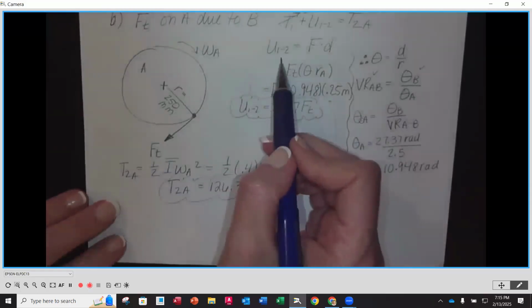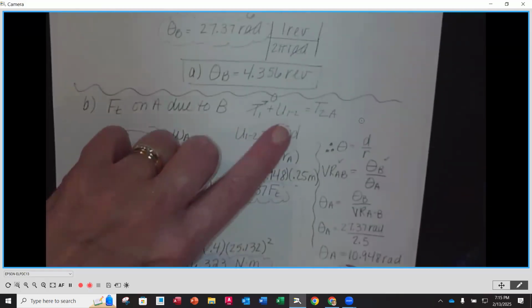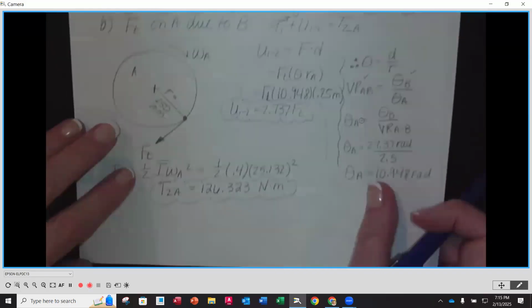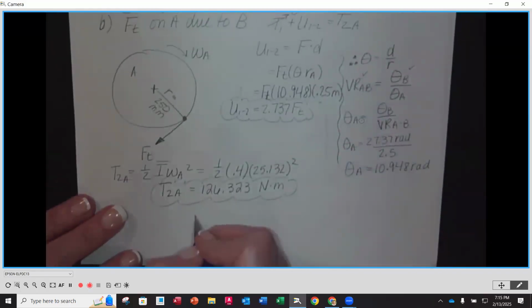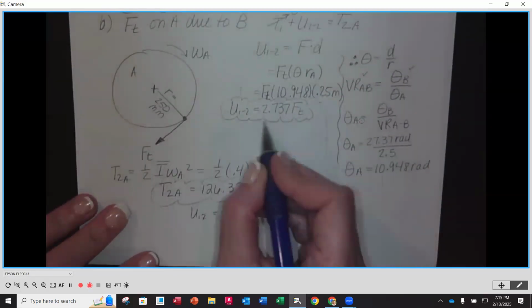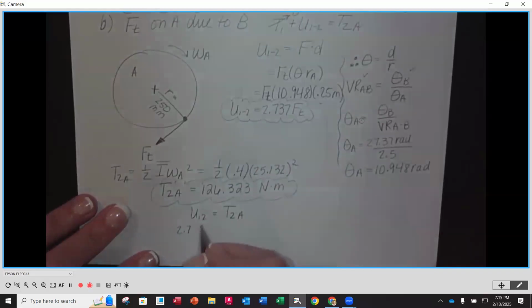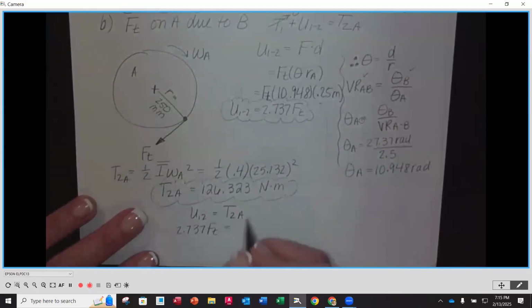So now going back up, our work is equal to our final kinetic energy. U1 to 2 is equal to T2A. We can now put this value in for the work: 2.737 FT, that's our unknown, is equal to 126.323.